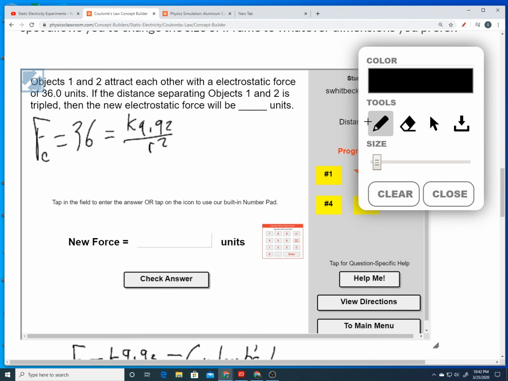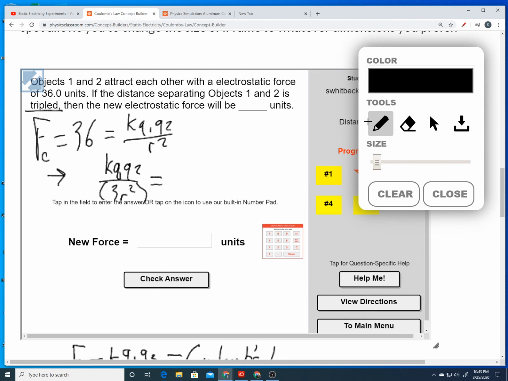And now we are going to triple the separation distance. So for our new force, KQ1, Q2 over 3 times the radius squared. And from your activity, you should know that when we triple our distance, we're going to end up with a much smaller force, just like we did with gravity.